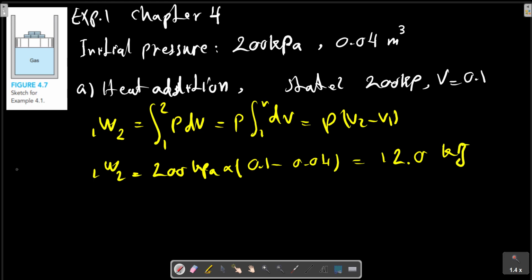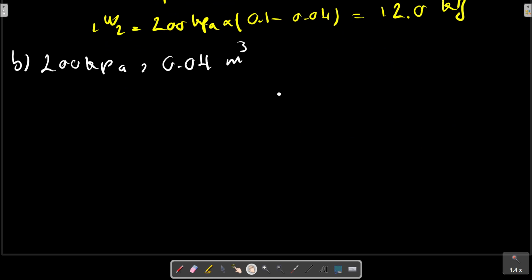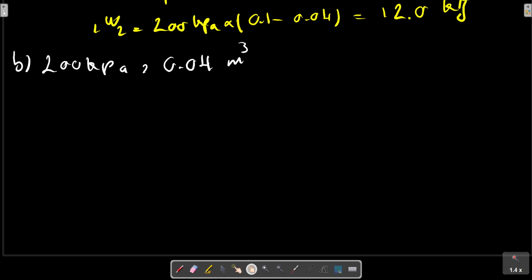And part B, we consider the same system and initial condition, but at the same time the heat burner is under the cylinder and the piston is rising. Remove weight from the piston at such a rate that during the process the temperature of the gas is constant.